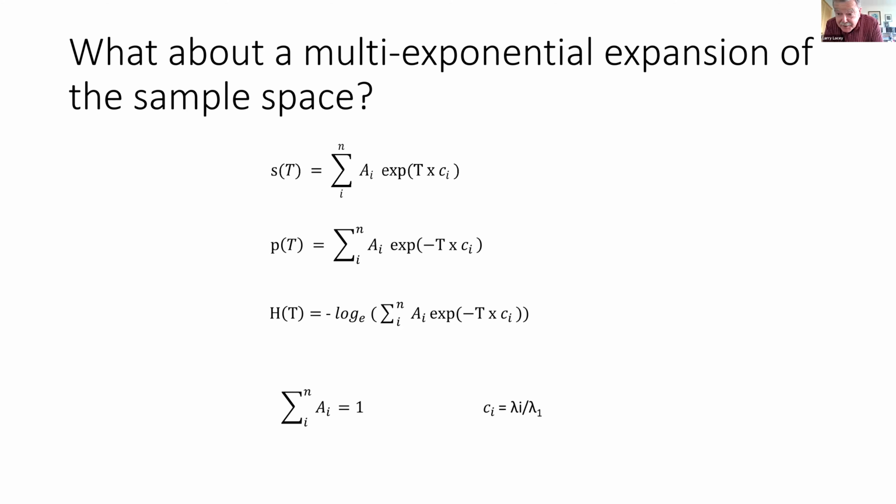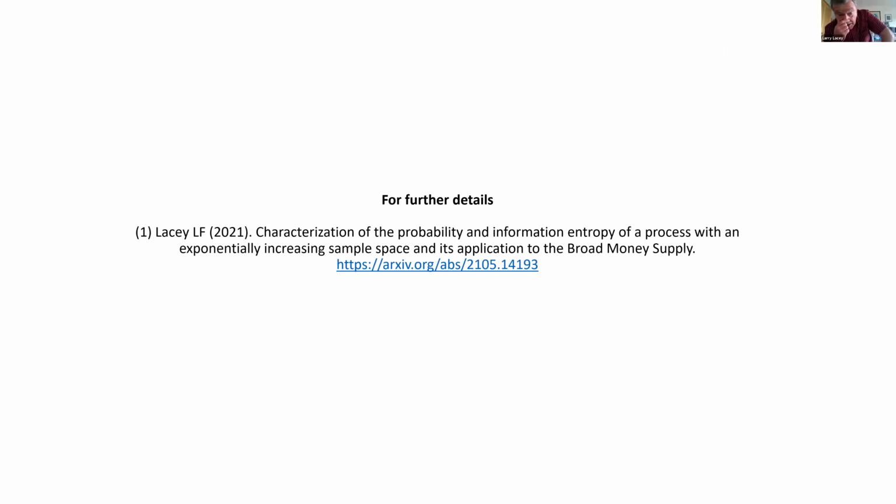Everything you want to know about exponential processes is basically covered in the first paper. But the limitation of the first paper is it only relates to exponential processes. As I said, it's quite a long paper because it contains a lot of detail, and the focus of that paper was primarily theoretical and methodological.